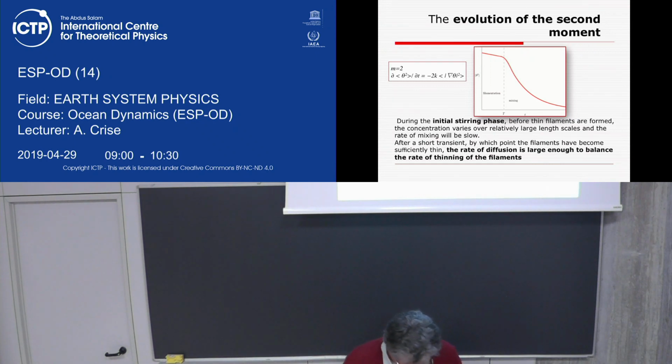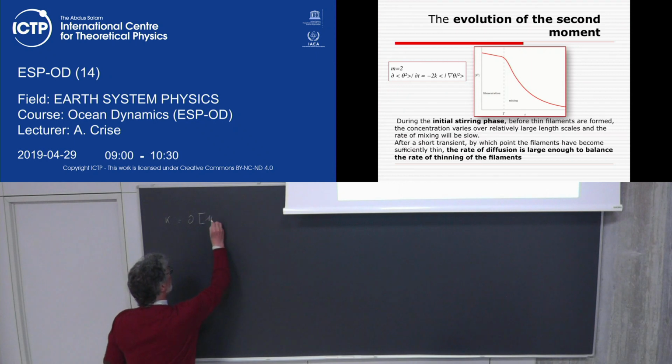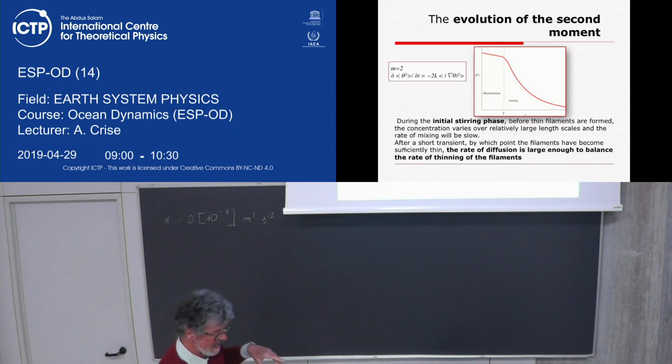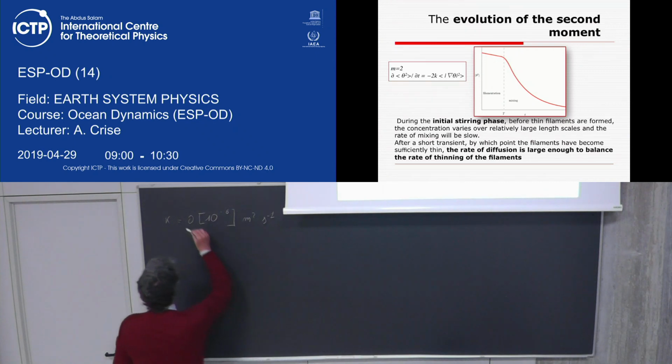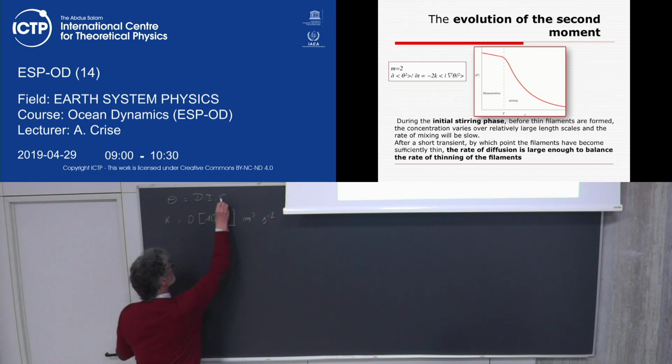However, the point is, how realistic is this description in terms of the ocean? As I told you, K in the ocean is of the order of roughly... And if we look at the tracer, in our case, for example, it is dissolved inorganic carbon.